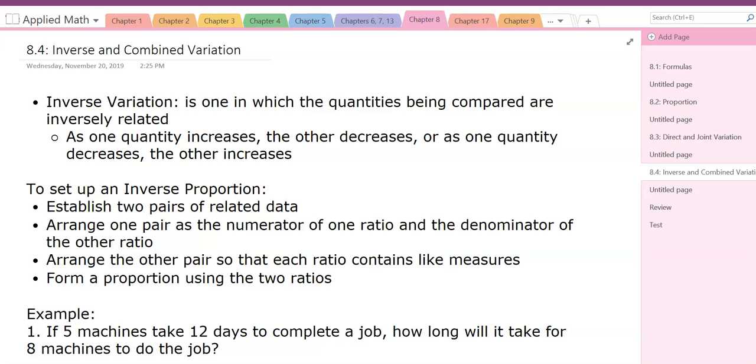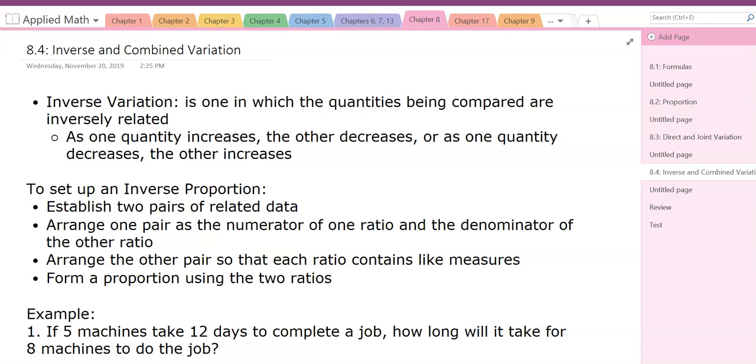Inverse and combined variations are going to look a little bit different, just because direct and inverse mean two different things. So direct was they both did the same thing. They both increased or they both decreased. Inverse is going to be that when one increases, the other decreases. So as the years go up, the price goes down.